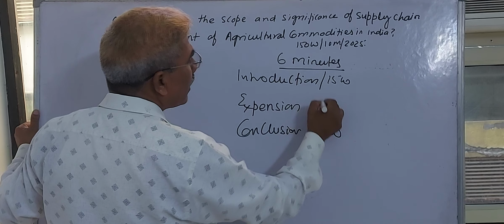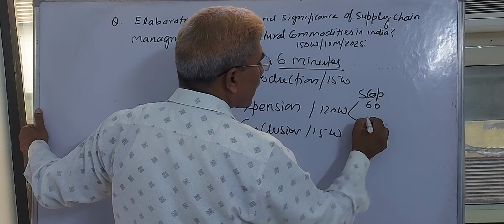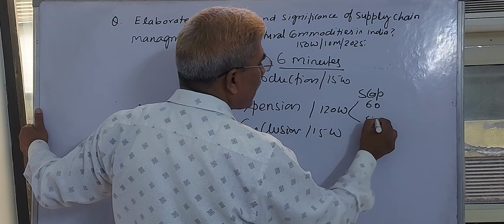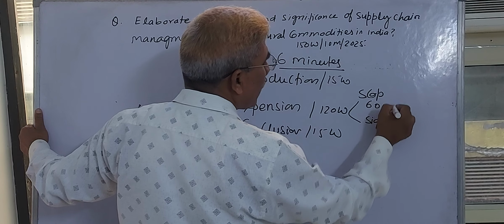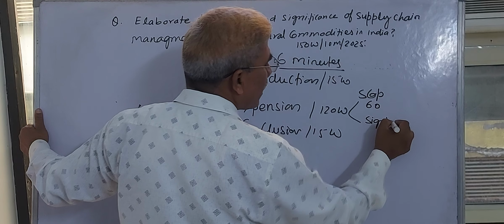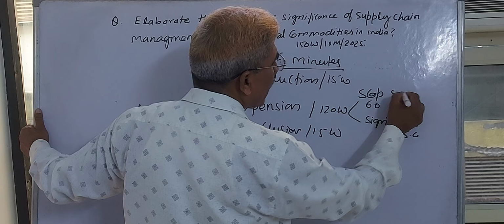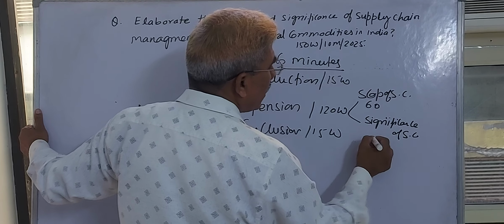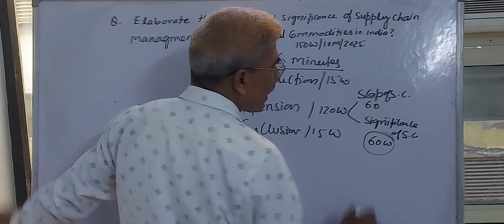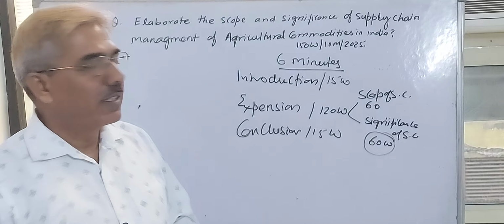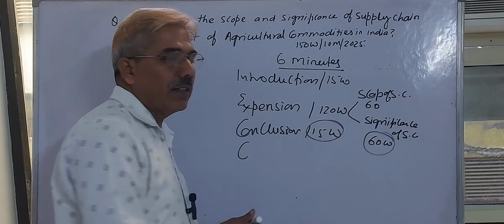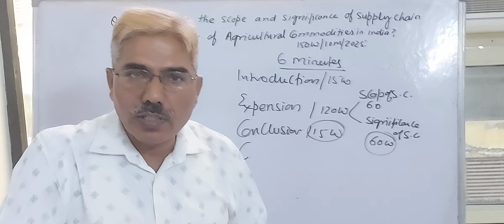On scope, 60 words. On significance of supply chain, 60 words. One by one, you can write these answers, and finally you will conclude within 15 words. This should be the strategy of your answer.